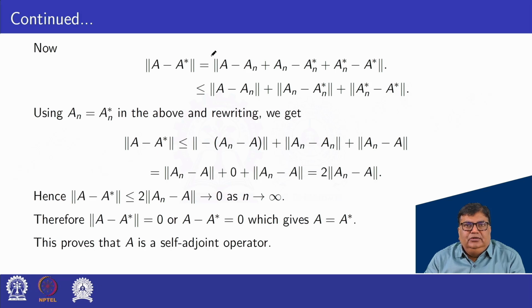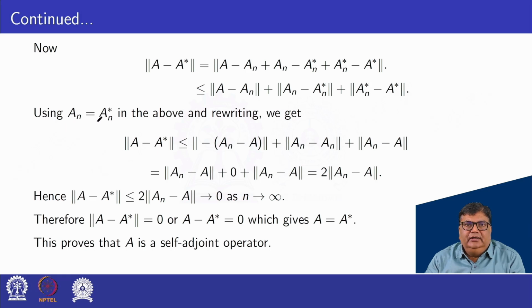So by the triangle property of norm, we can write this less than or equal to norm of A minus An plus norm of An minus An star plus norm of An star minus A star.